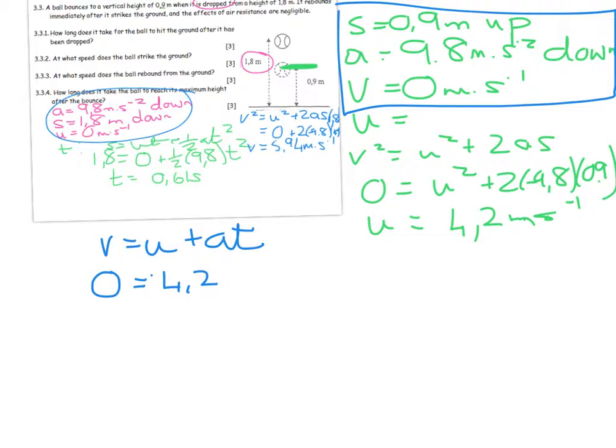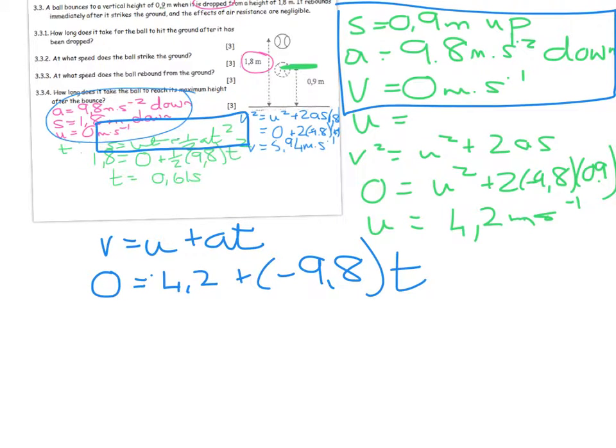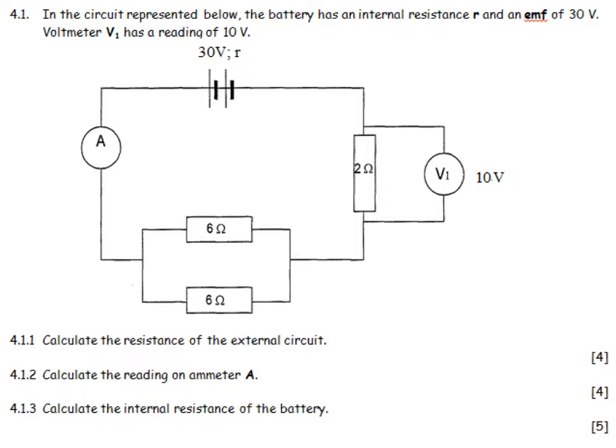So I'm going to leave that at positive, plus 9,8 meters per second squared down, so I need to change that to negative. If I had used s is equal to ut plus a half at squared, I would have landed up with a quadratic. So this is a better equation to use when I've got the information, and my time turns out to be equal to 0,43 seconds.